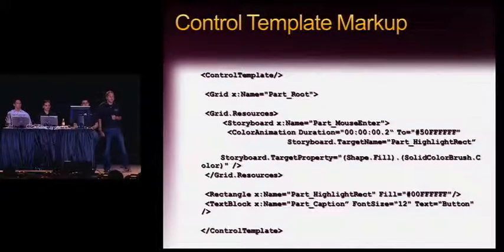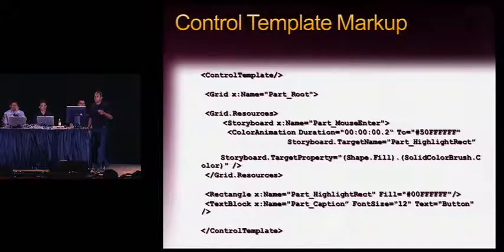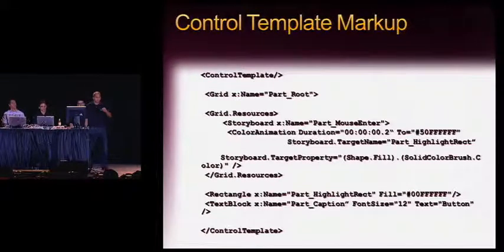In this case, a storyboard for a mouse enter. Picture, if you could, that the code behind for this control template could discover that storyboard. It could be hooked up to a mouse enter event, and that animation could be triggered. So that could be how a particular button in the UI could react to a mouse over event.